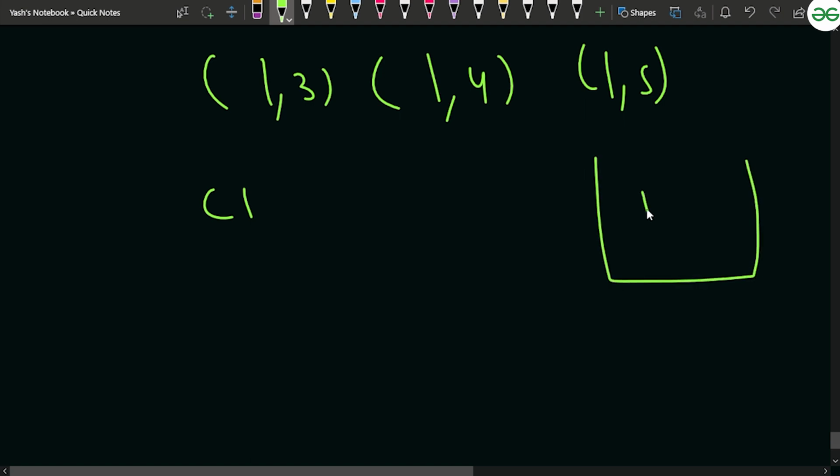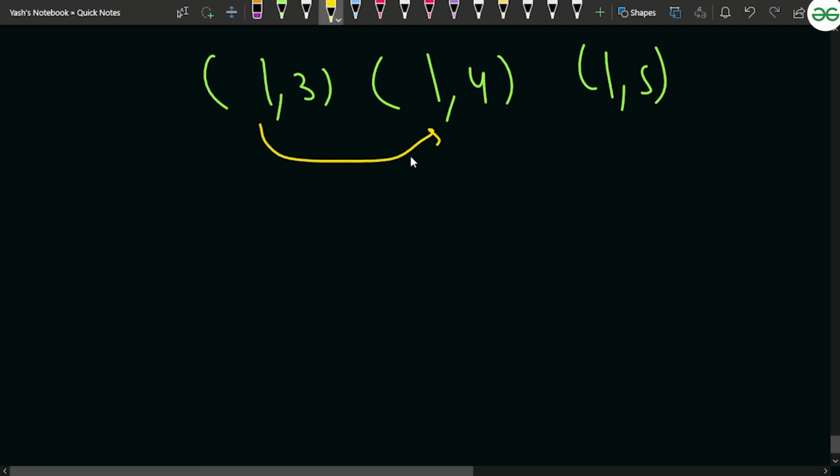You'll say that the number of points having 1 as the x-axis is currently 1, right. After this, how many pairs can you have? 1 comma 3 can pair up with this one, it can pair up with this one as well, and 1 comma 3 can pair up with this as well, right. So there will be a total of 3 pairs, so you'll keep on counting the pairs one by one.